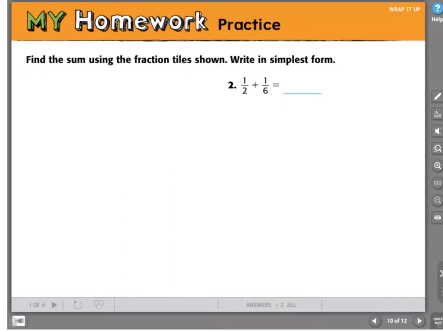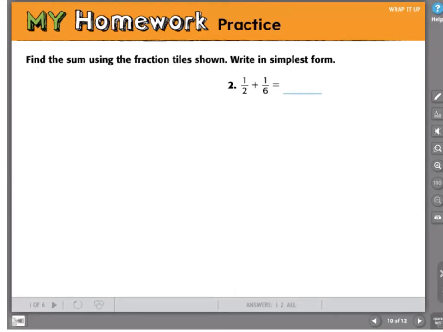Let's try another example with fraction tiles. We need to find the sum using fraction tiles. I have 1/2 and 1/6. I know that since they have different denominators, I can't just simply add them. I need to find another way to name them so that I can add them.